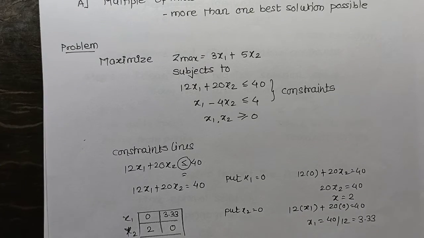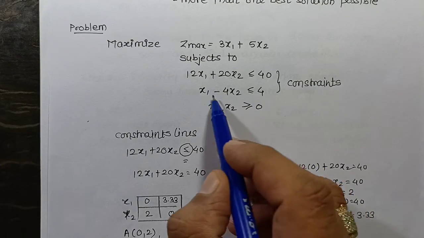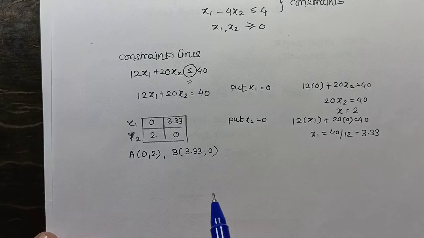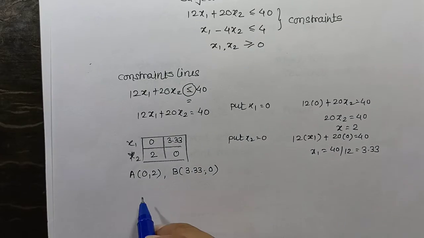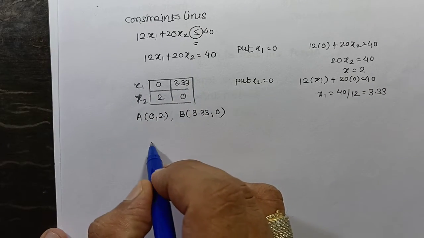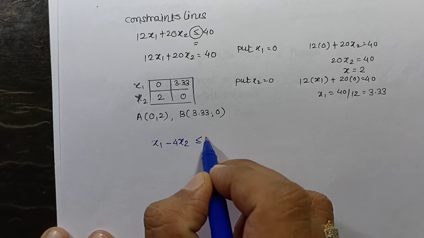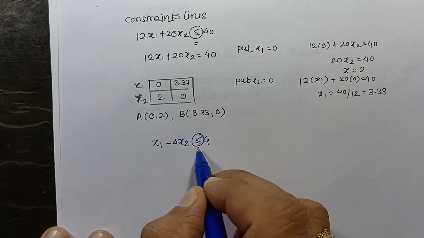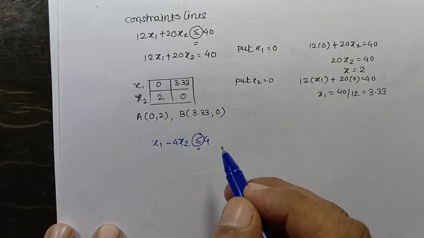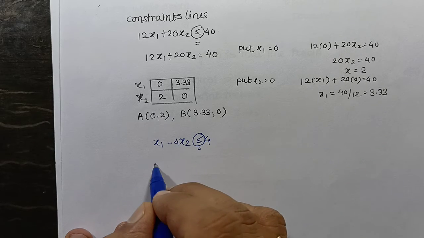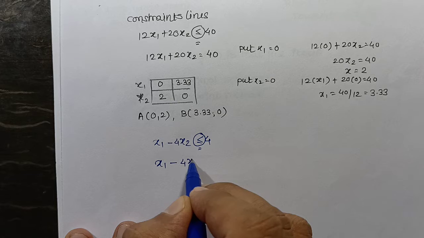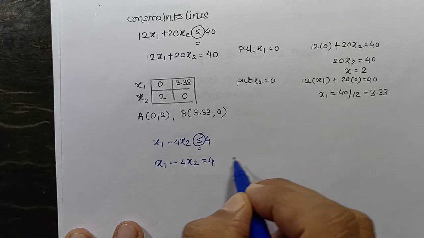Now I'm going to solve the second inequality, or constraint, by removing the inequality sign: x1 minus 4x2 is less than or equal to 4. I remove this and put an equal sign, so the equation becomes x1 minus 4x2 is equal to 4.